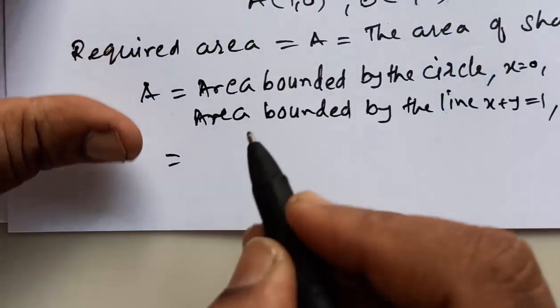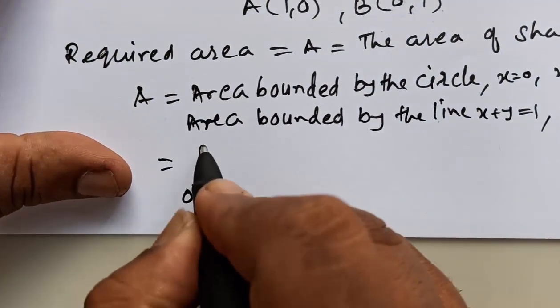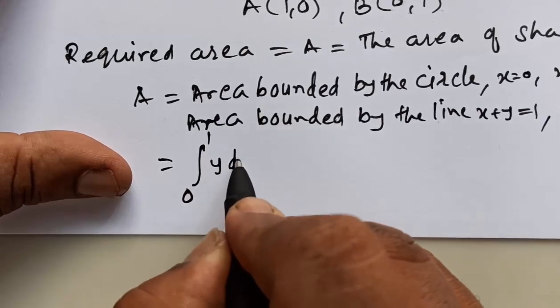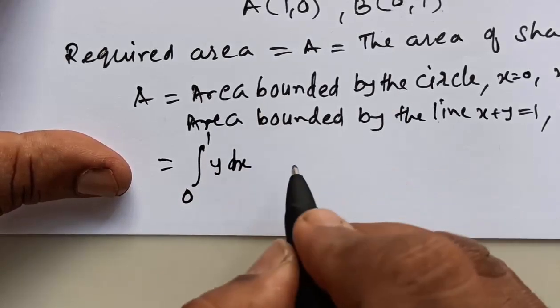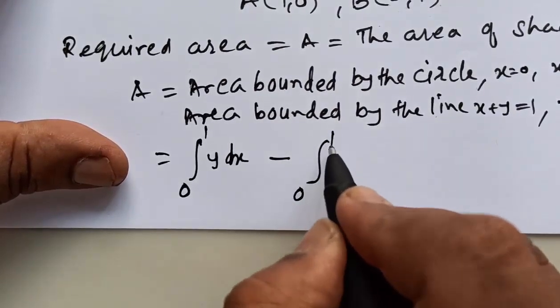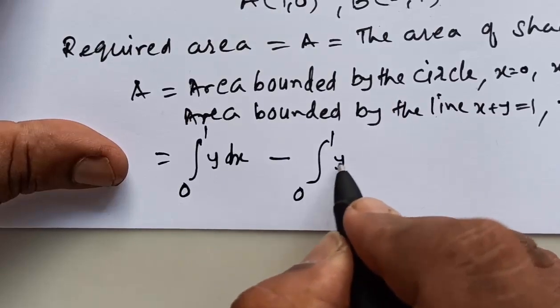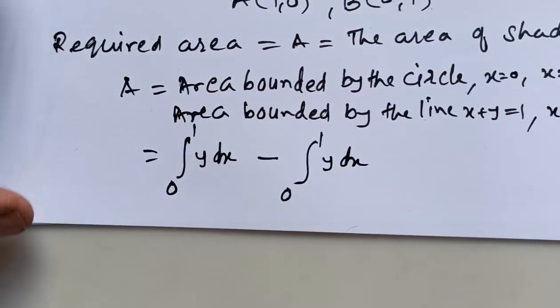So this is equal to integration 0 to 1 y dx bounded by the circle minus integration 0 to 1 y dx bounded by the line.